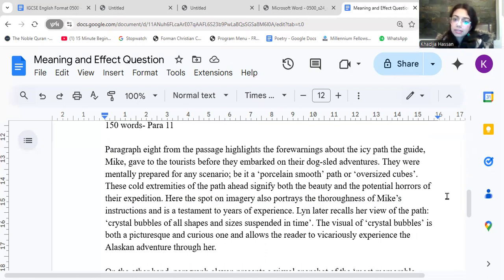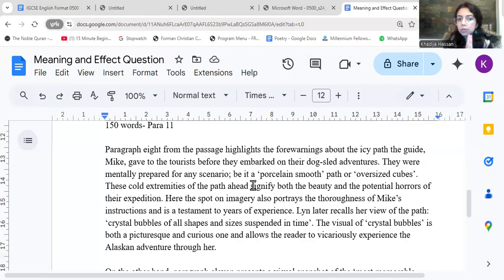Now, one of the main themes of this paragraph was the icy path. But there were other things going on as well. But when you're writing that brief 1 line summary of the entire paragraph, it should be related to the icy path, given that all 3 phrases are about the icy path, right?